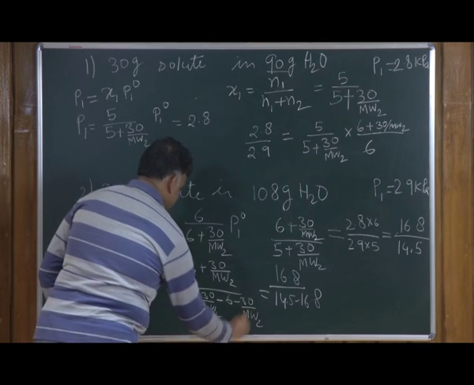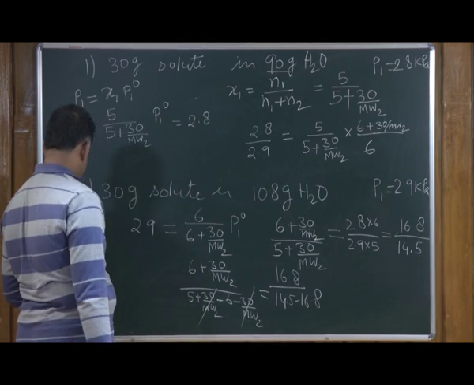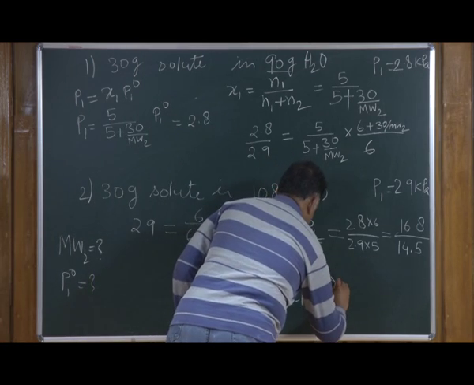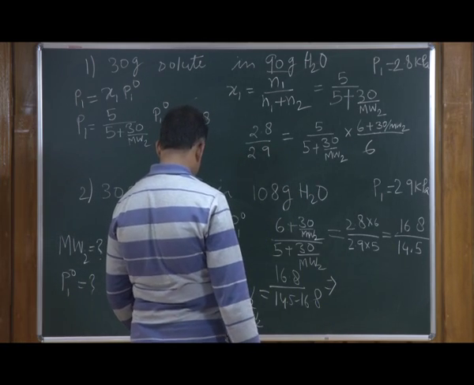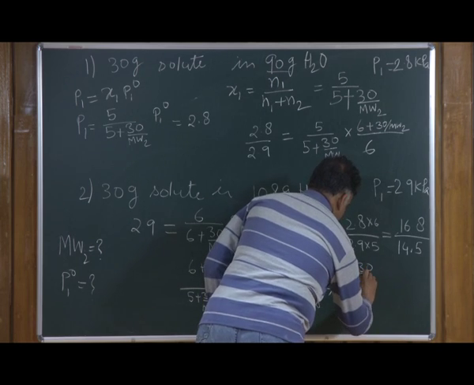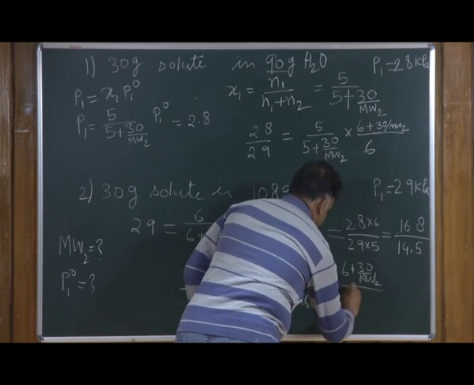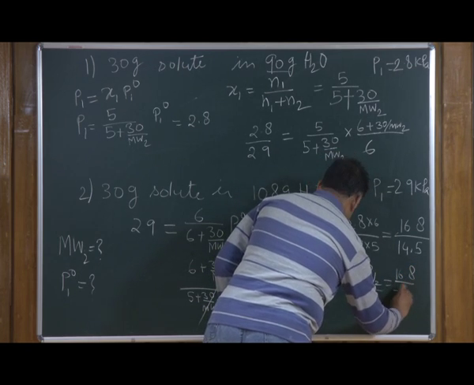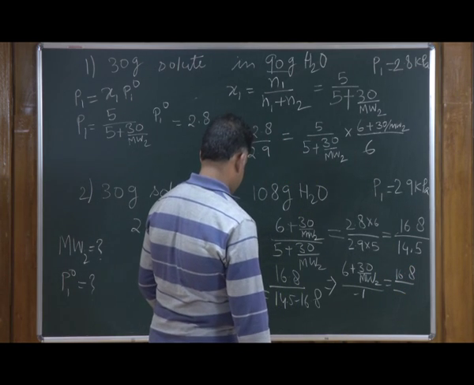So, this simply cancels out and we get from here 6 plus 30 divided by molecular weight of solute, divided by minus 1, equal to 16.8 divided by minus 2.3.